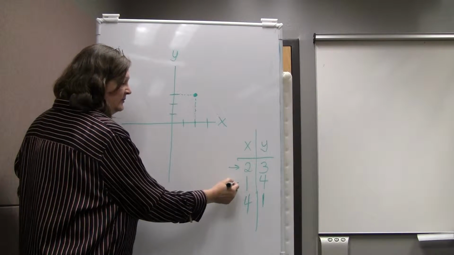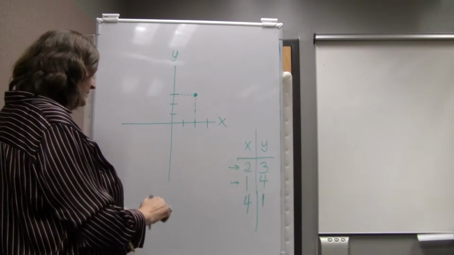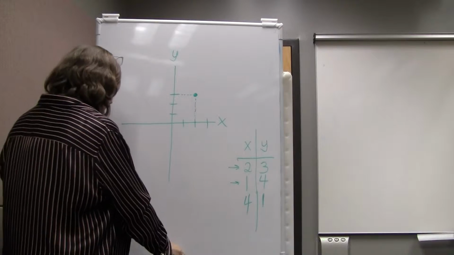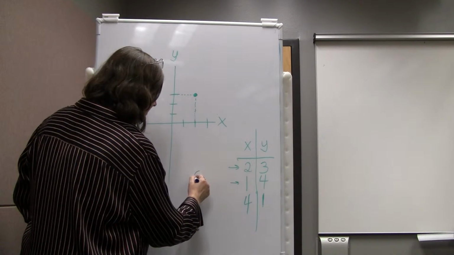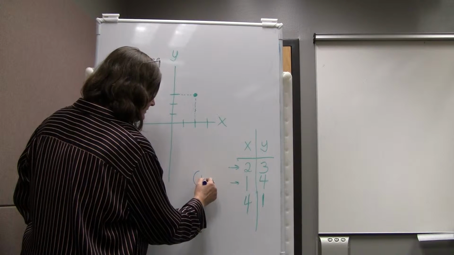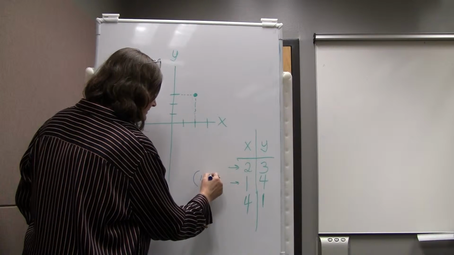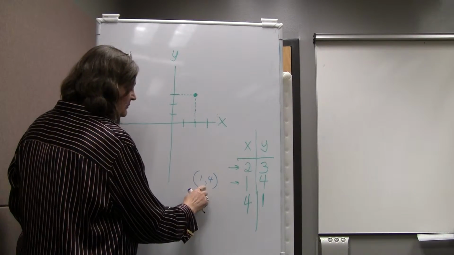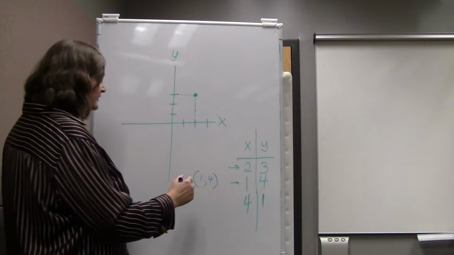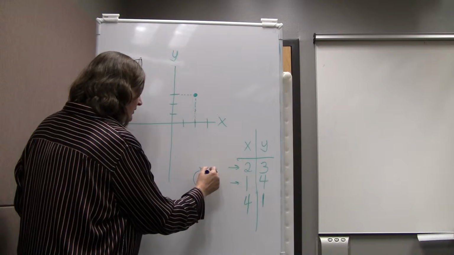Let's graph our second point. This particular point is 1 and 4. When we write these points, we typically write a parenthesis, the number 1, the number 4, and the end parenthesis. We separate them with a comma. The first is always my x-coordinate.